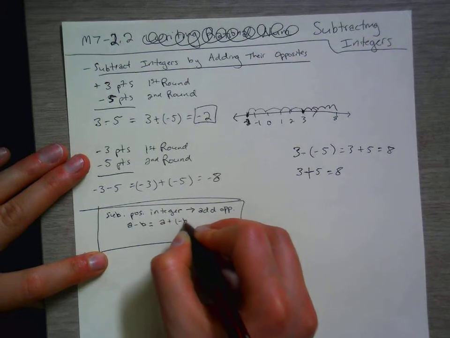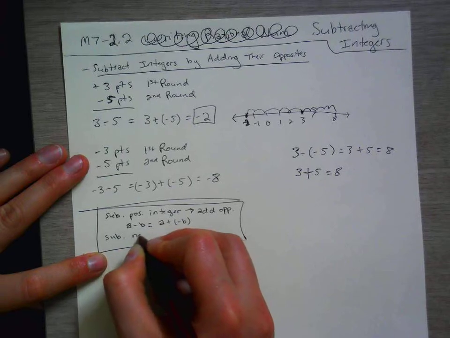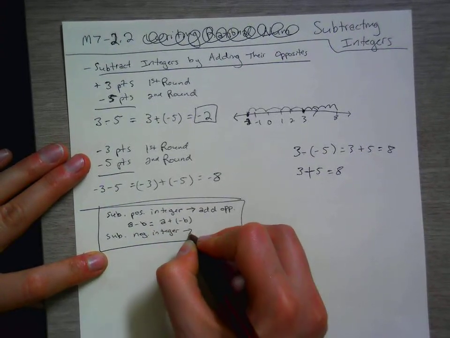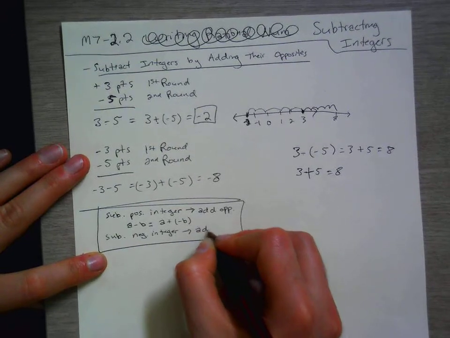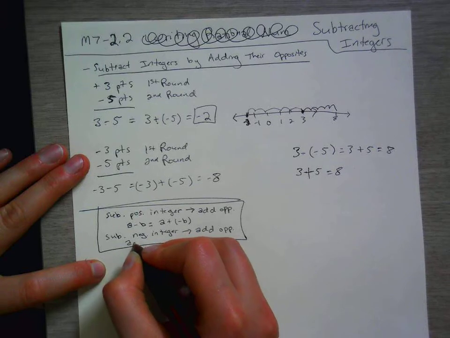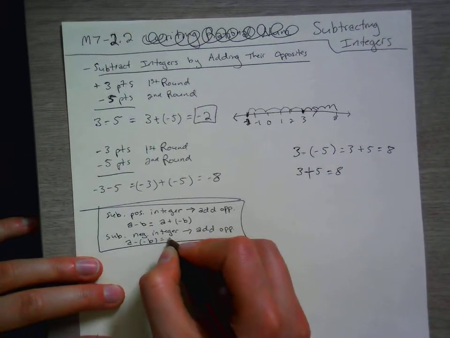Second thing to remember is when you subtract a negative integer, you also add the opposite, which looks like this. A minus negative b equals a plus b, because you're adding the opposite.